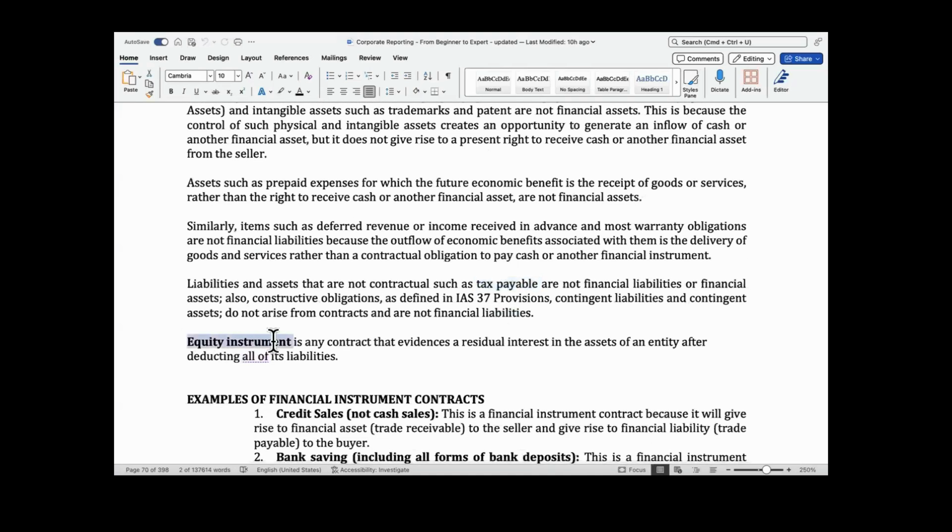And the final one is equity instrument. An equity instrument is any contract that evidences residual interest in the asset of an entity after deducting all its liabilities.